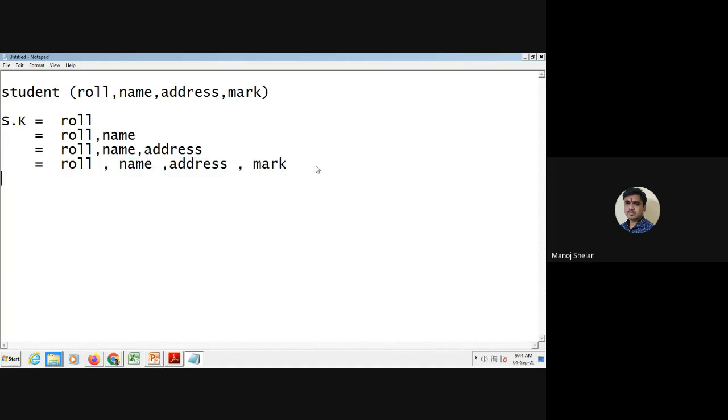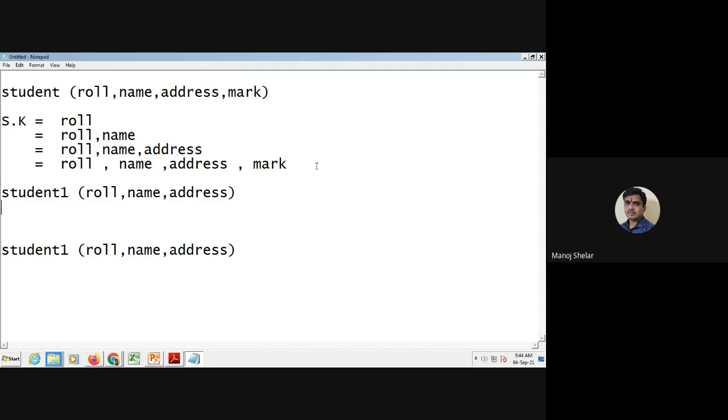Then suppose candidate key. Suppose a decomposition of the student: student 1 has roll number, name, and address, and student 2 has roll number and mark. In student 1, roll number is a key attribute.